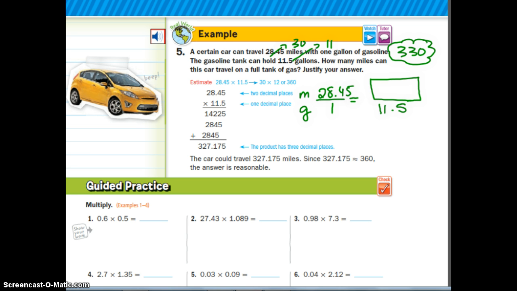When we do the math, we have 2, we have 1, for a total of 3. 1, 2, 3, and we get 327.175 miles. And again, we estimated 330. Our check is good. Go ahead and do the guided practice. See you soon. Pause the video.